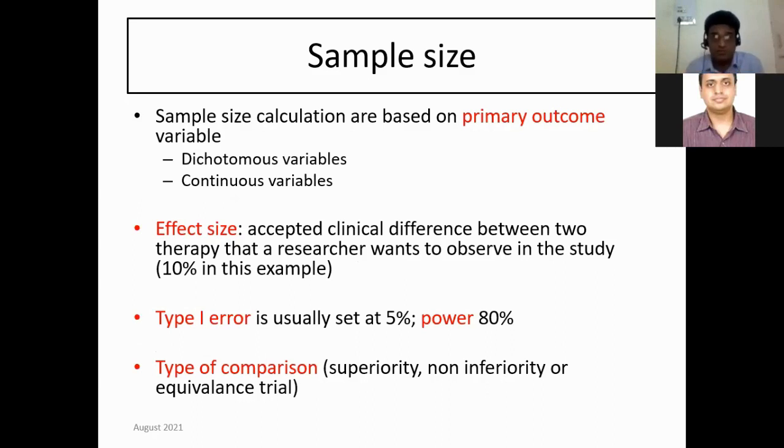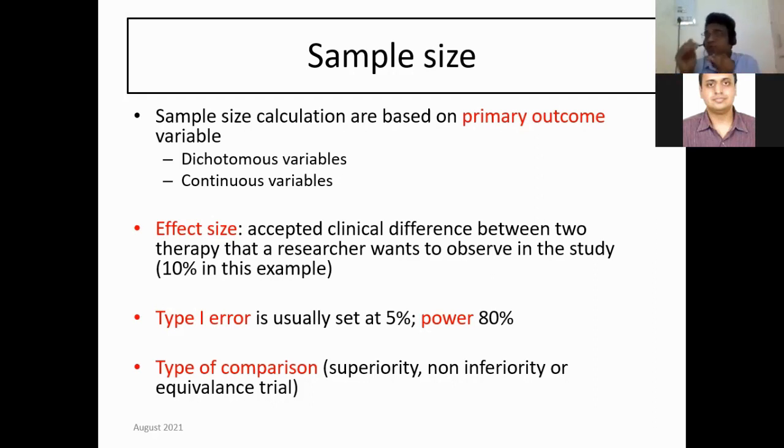So you can have any kind of primary outcome, continuous or dichotomous, but it is important to understand that sample size calculations are usually based on the primary outcome variable.